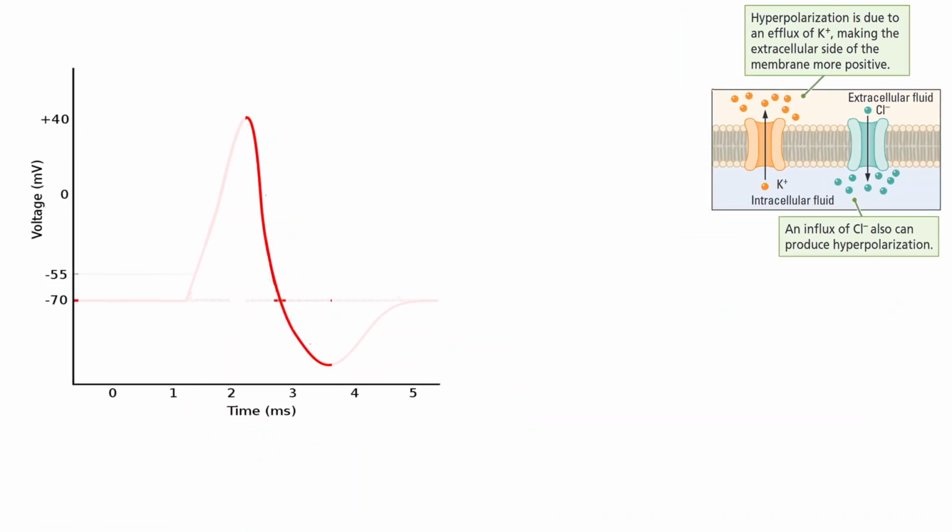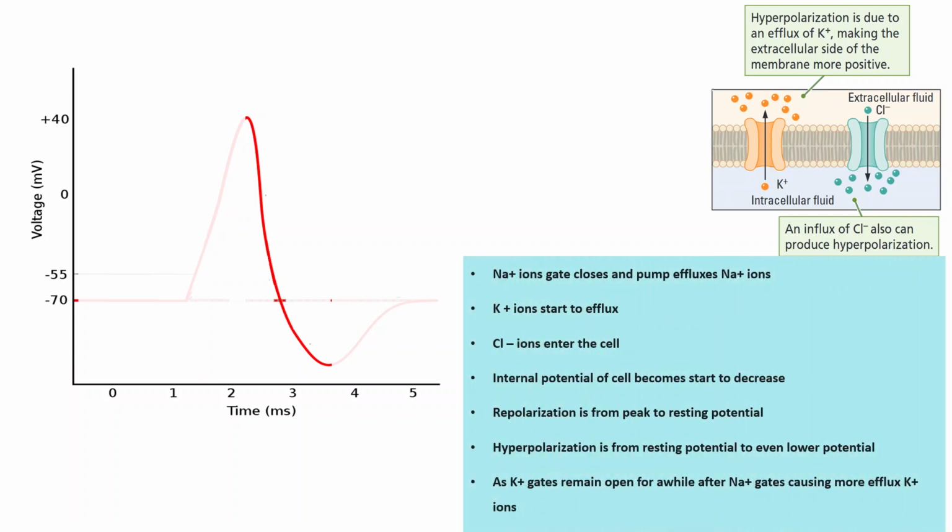And now we go to the hyperpolarization. What happens here is that potassium gates, basically, take more time to open up and more time to close. This causes more positive potassium ions to go outside of the cell. This makes the overall cell more negative in nature.